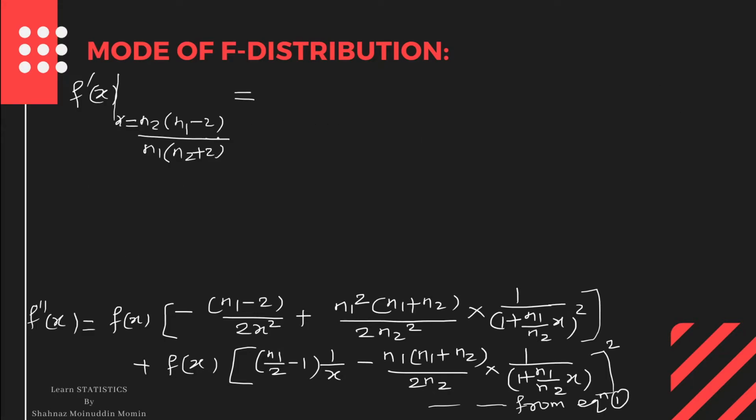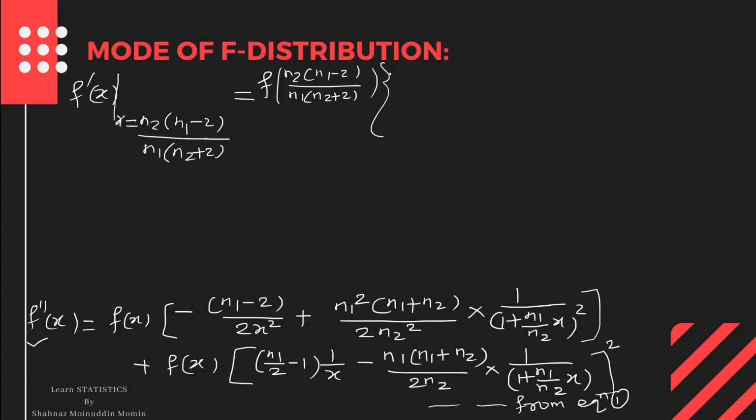Now we will substitute the value of x. I have kept the equation for f double dash x, the second derivative, as it is below on the page in order to understand how we substitute the value of x. So this is the first, f of n2 n1 minus 2 divided by n1 n2 plus 2. Let me take this f outside the bracket.